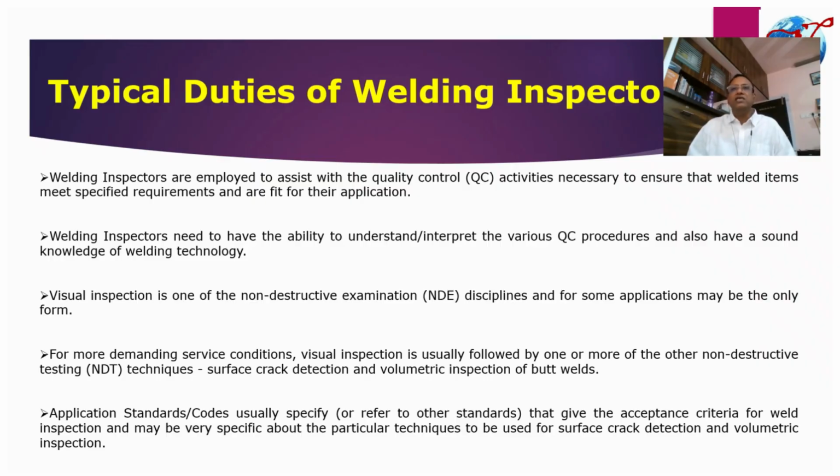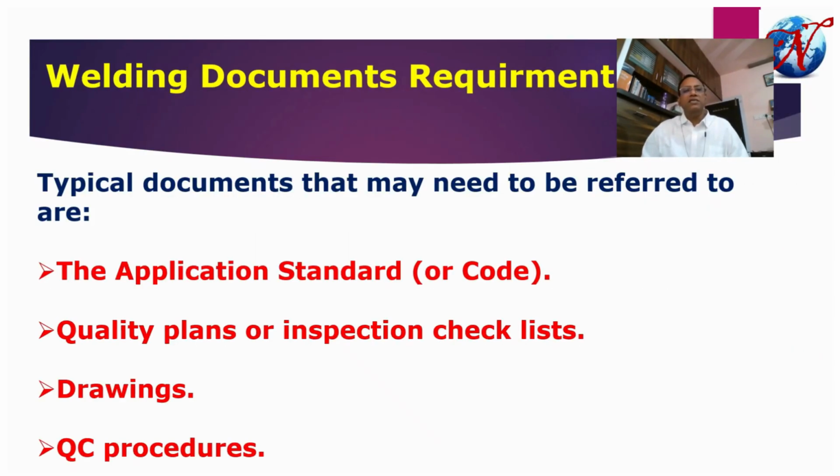After the completion of welding, the welding inspector needs to perform visual inspection, and finally, to identify the different types of defects after the completion of welding, required NDT needs to be performed for the determination of surface and volumetric defects. All this is normally done with the help of an applicable specification or standard.